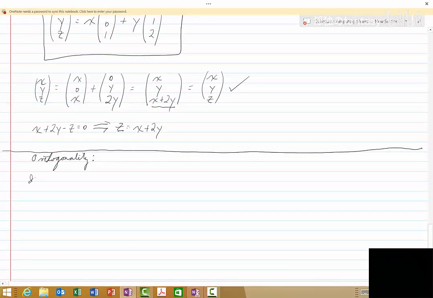Let's proceed in this way. We'll suppose V1 and V2 are elements of Rn.